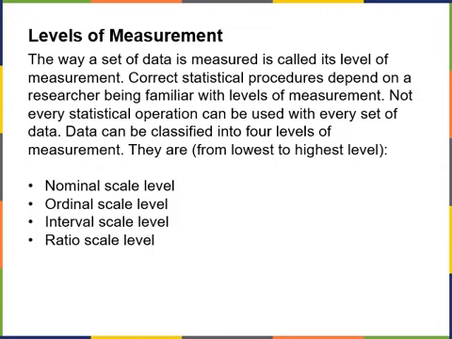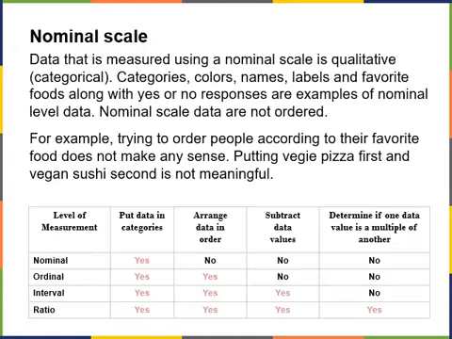We have 4 different types, or 4 different levels, and they go from the lowest to highest level. So it's important to know what the levels are, what the ranking is, and how they should be used. You have nominal, ordinal, interval, and ratio scale levels. Data that is measured using a nominal scale is qualitative.